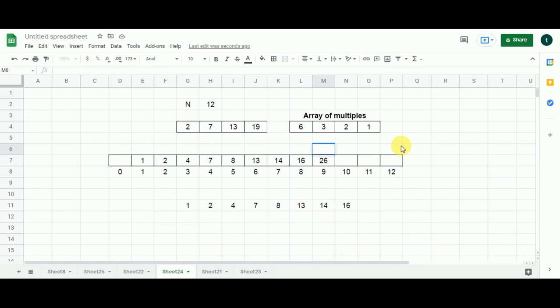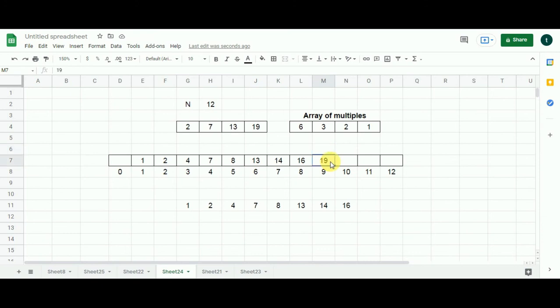Okay, now we move to the last number in the array of primes, which is 19. 19 will be multiplied with 1. Alright, so I'm going to get 19. Clearly 19 is less than 26, so it will replace 26. 26 will be eliminated and 19 will take its place as the 9th super ugly number.